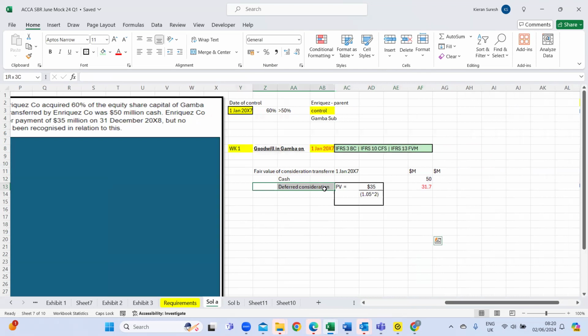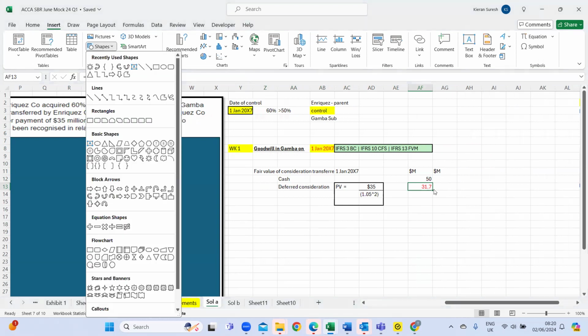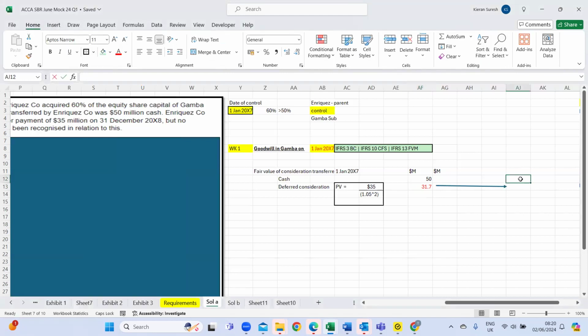No double entry was done. I'll write it here straight away. So we know that's what we need to do at a later point, right? So the double entry for this deferred consideration here.